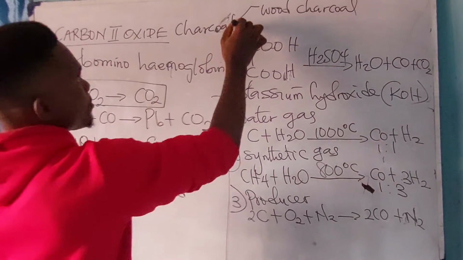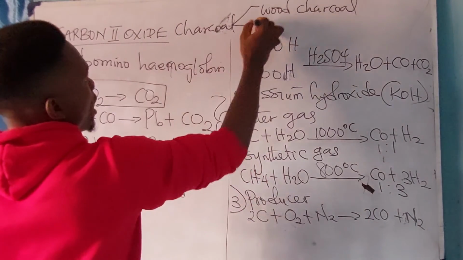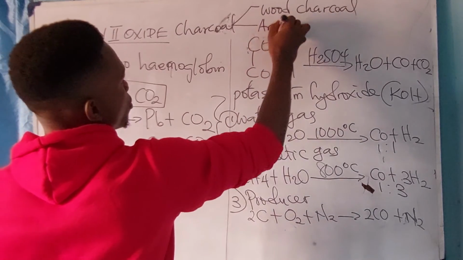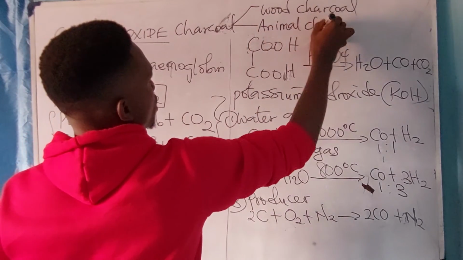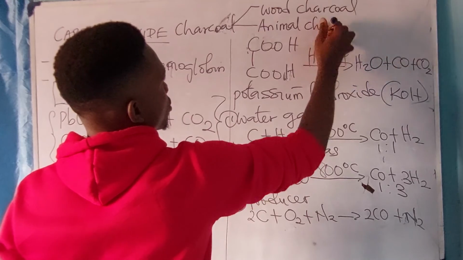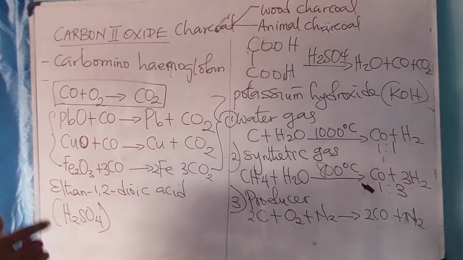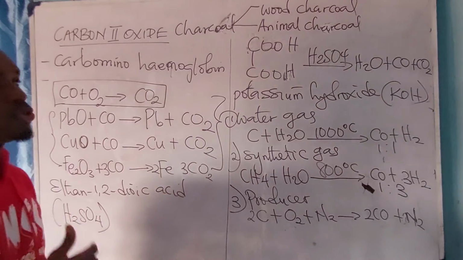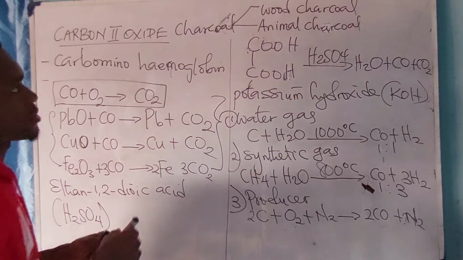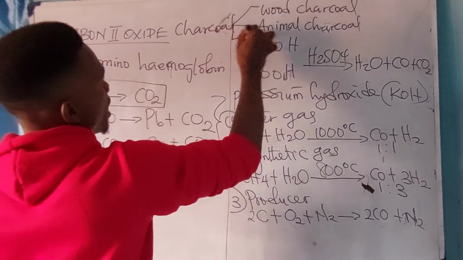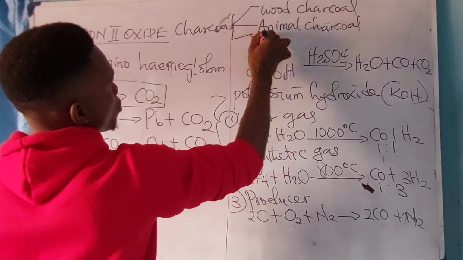Gas. Then we now have the animal charcoal. The animal charcoal is used as a decolorizer. It is used to decolorize what? Materials.